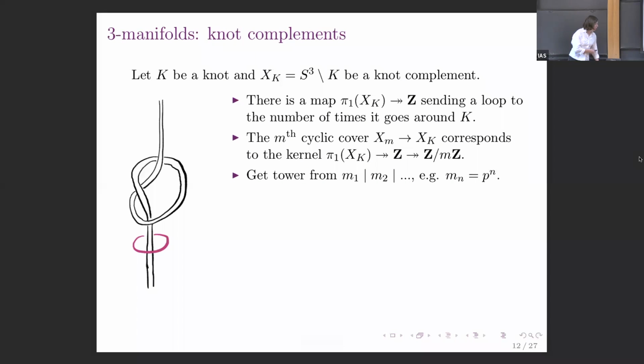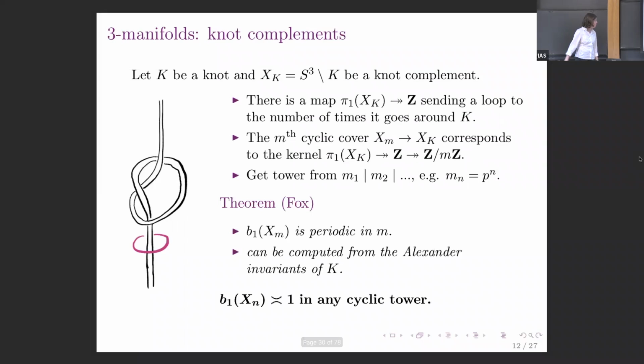So we play the game again. You take a sequence of integers that divide each other, for example, powers of p. And in that case, there's the theorem of Fox that the first Betti number of X_m is periodic in m. It won't necessarily be periodic along the tower because we're not going to go 1, 2, 3, 4, 5. We're going to go like 2, 4, 8, whatever. But in any case, since it's periodic in m, it's bounded.